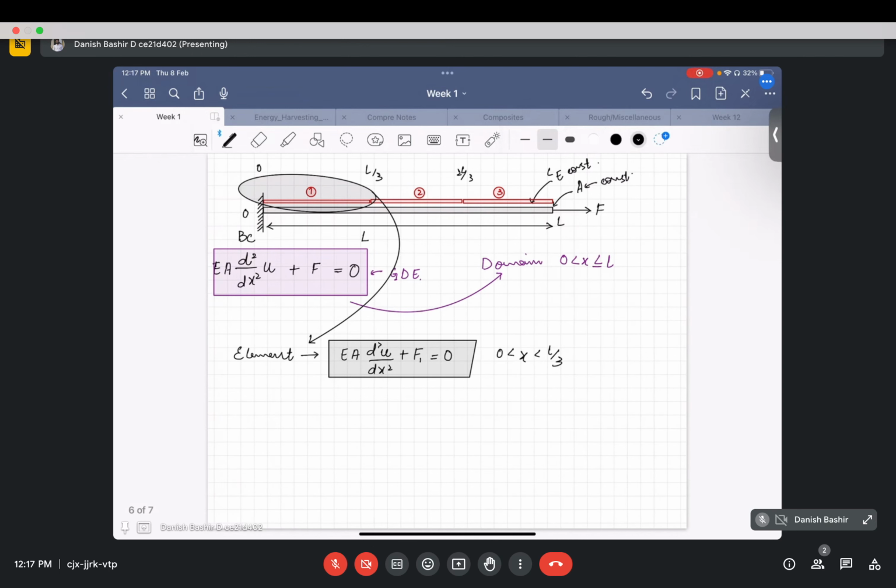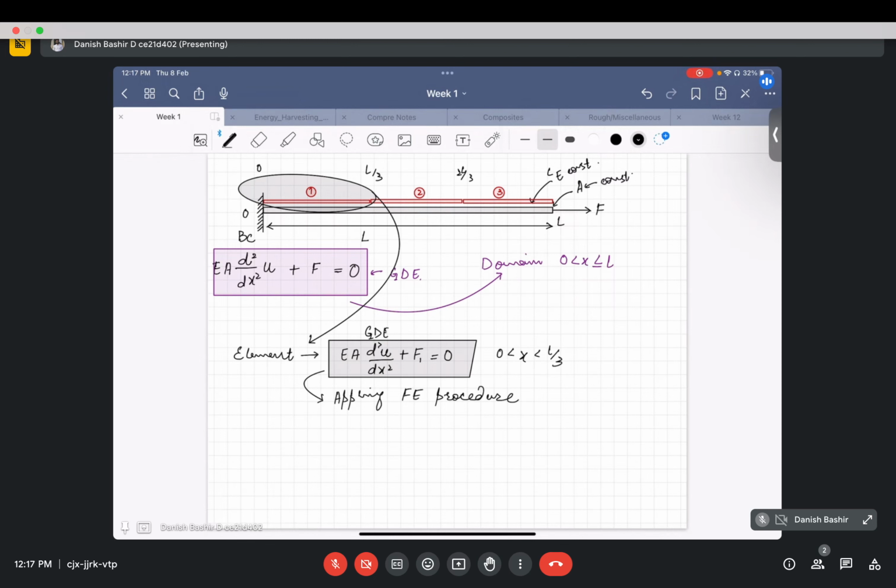Then applying the finite element procedure. This is the same governing differential equation that is applicable to this element.